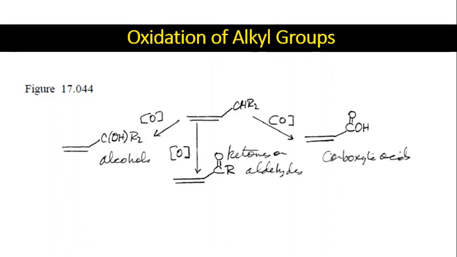Either it will change into alcohol, or it can change into carboxylic acid, or it can even change into ketones. So it means that three distinct oxidizing agents will be involved in this reaction that can change this reactant. Now the question arises: what are the reactions that can take it to the carboxylic acids?